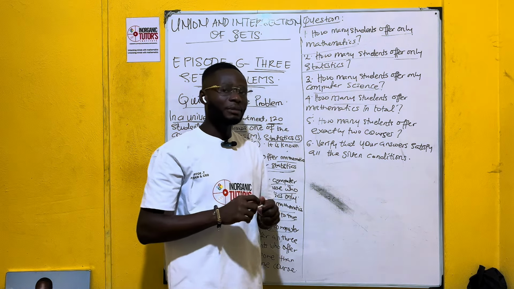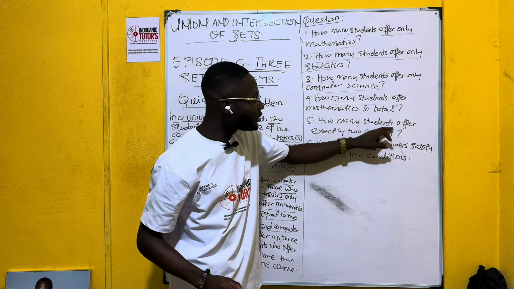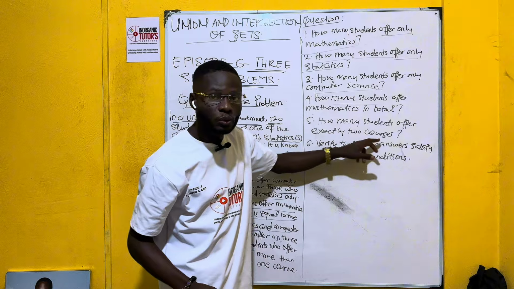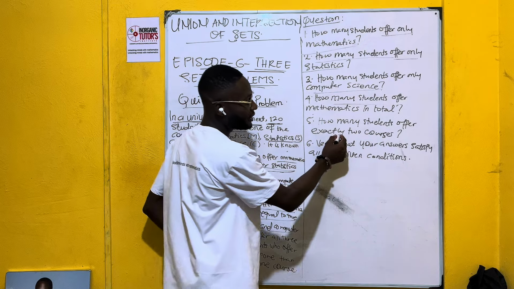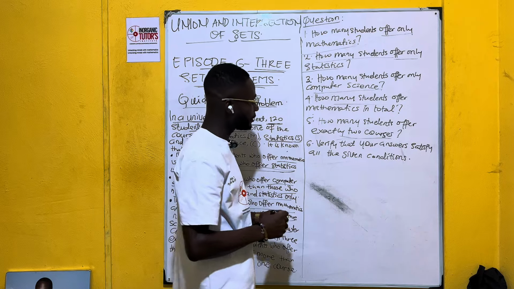So we need mathematics students in total. 5, how many students offer exactly 2 courses? Exactly 2 courses. So that is question number 5.